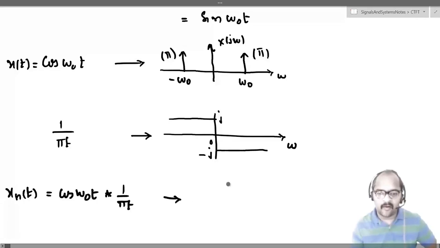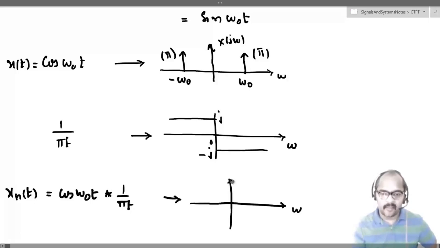Let us try to plot its Fourier transform. Since we are convolving these two, what should we do in frequency domain? We have to multiply these two. At minus omega naught we have Dirac delta of strength pi, and at minus omega naught this fellow's amplitude is j, so j times pi. So at minus omega naught you get j times pi as the strength of that Dirac delta.